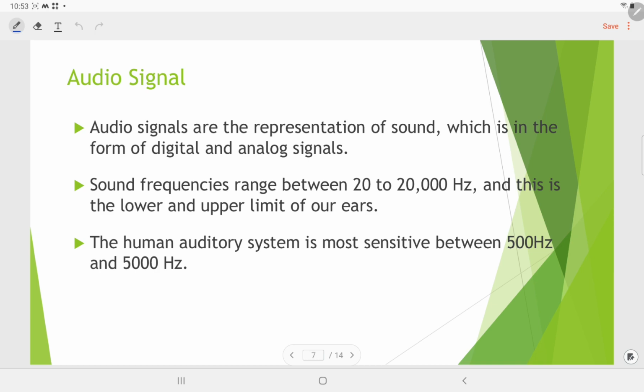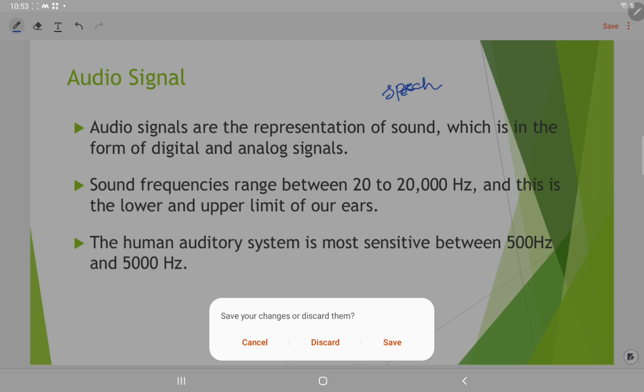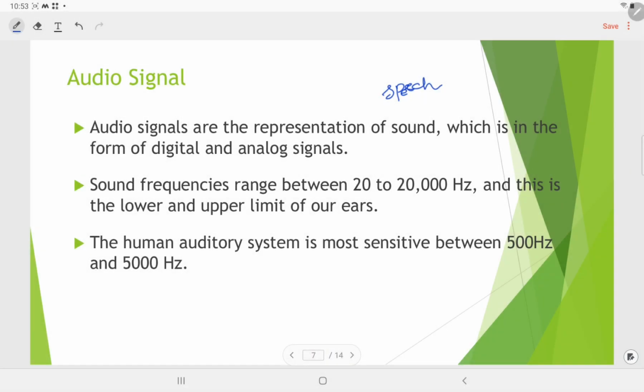Now, as the name of the syllabus is speech and audio processing, let's look at a few facts about audio signals. Speech is also a kind of audio signal. Audio signals also include music and some biomedical signals, such as your heartbeat sound and respiratory sound.